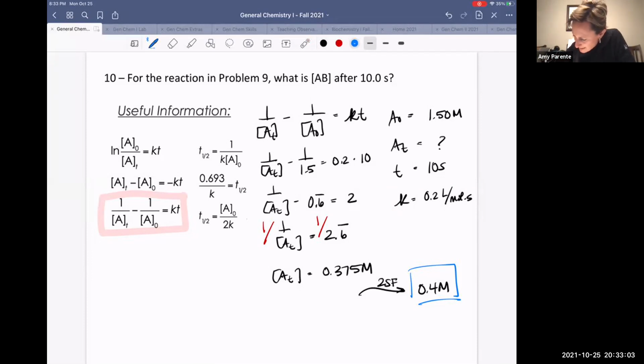This is really the same as 1 over molar per second. Because if I've got molar in the denominator, it is moles per liter in the denominator, which is the same as putting that liter up top. Because if I have liters in the denominator of my denominator, I can put it in the numerator. So I just want to make sure that everybody sees that those are the units that we'd expect.